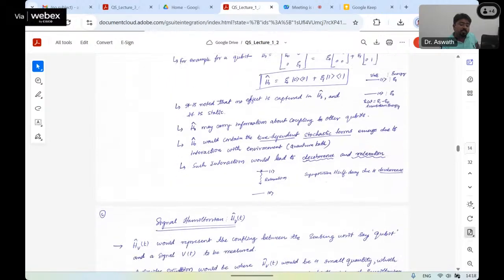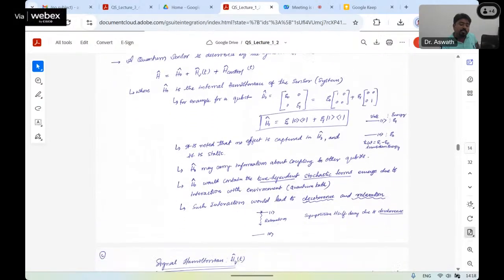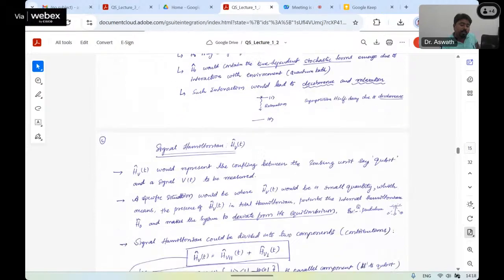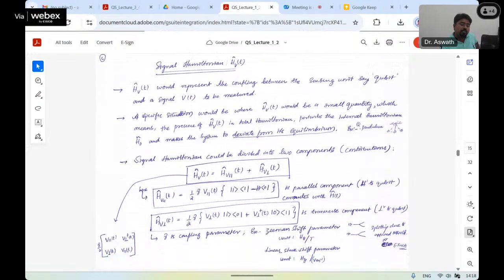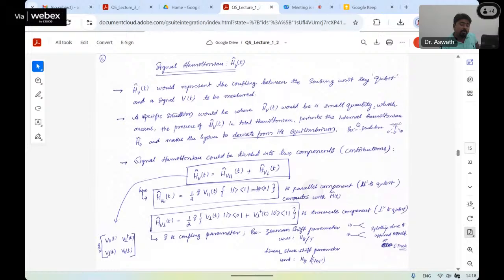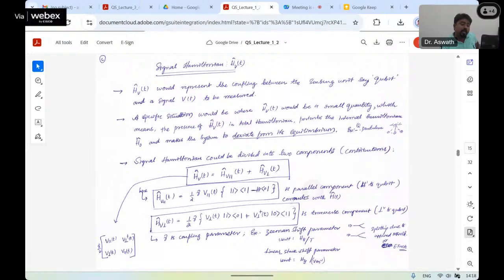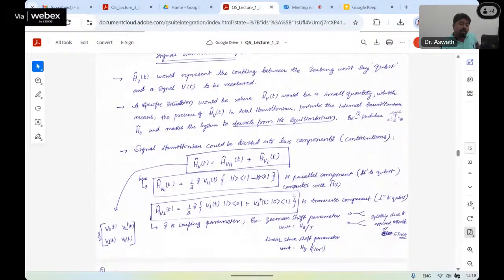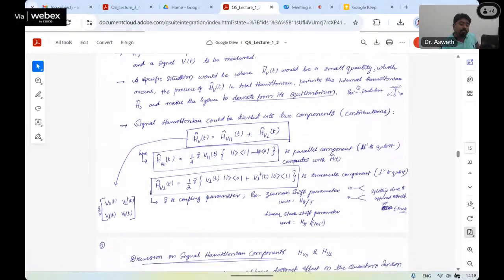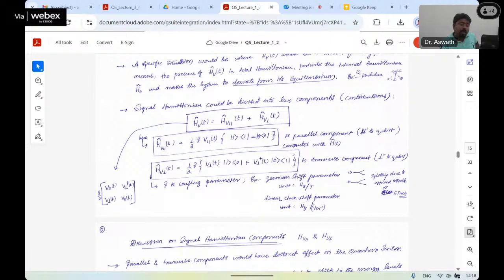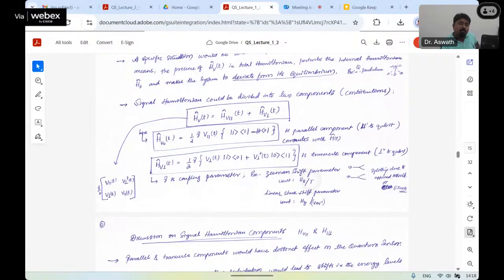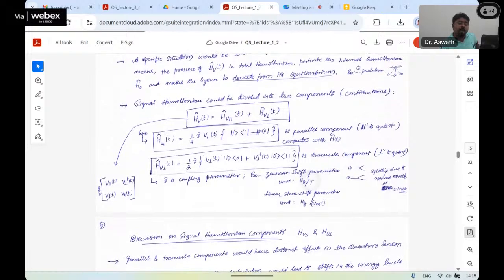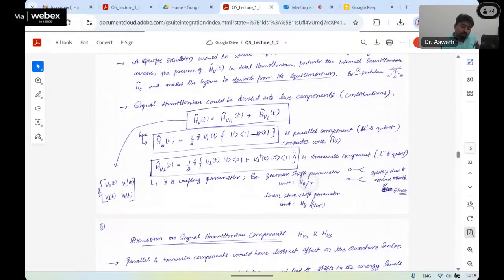Okay, so I have given specifically what H0 would look like here. And when it comes to the interaction Hamiltonian, let's say a signal or surrounding environment, represented as a signal, that would have two contributions coming from a parallel component and a perpendicular component. The parallel component is in parallel with the alignment of the qubit.